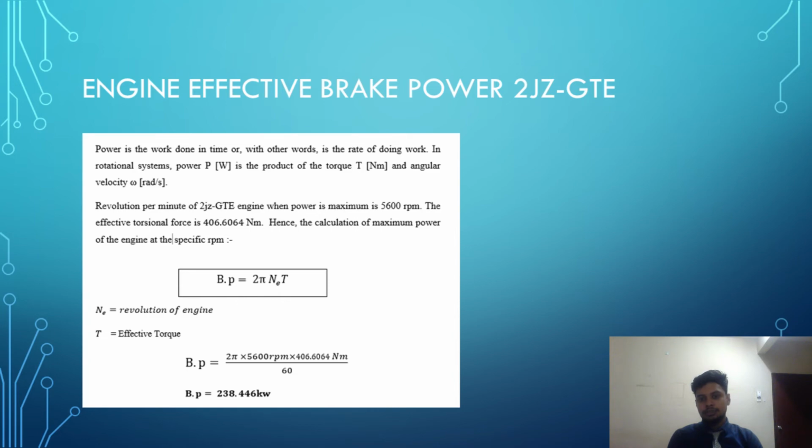The effective torsional force is 406.6064 Newton meter. Hence, the calculation of maximum power of the engine at the specific revolution per minute is brake power equals 2 pi multiplied by revolution of engine multiplied by effective torque. So the value for the brake power is 238.446 kilowatt.